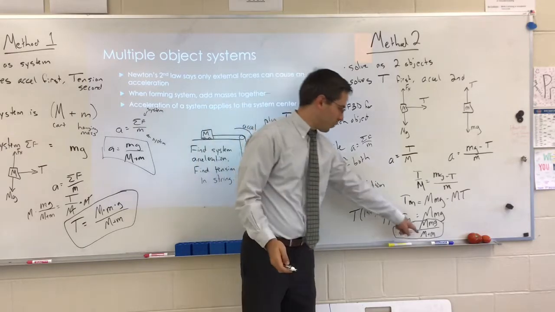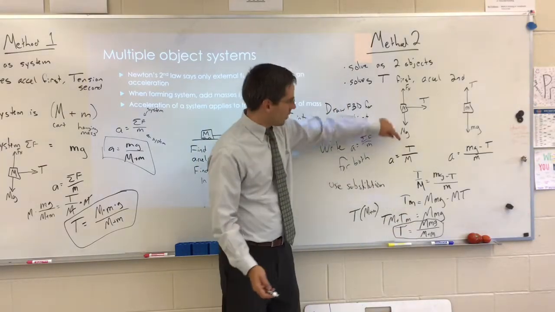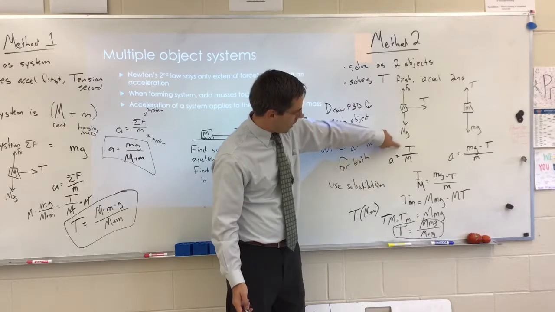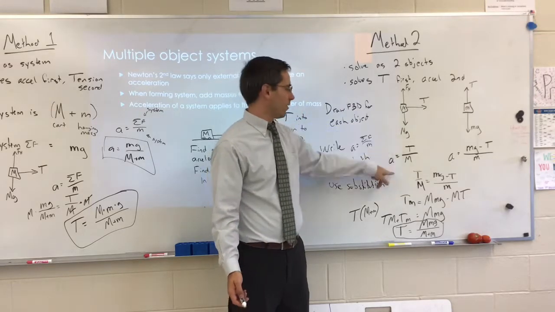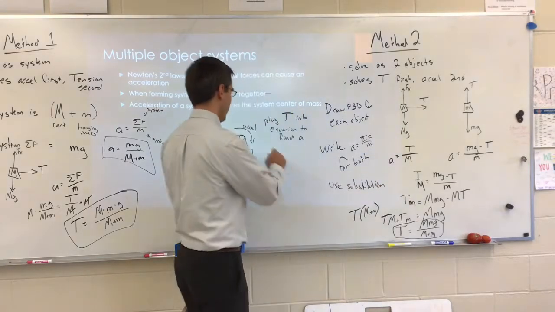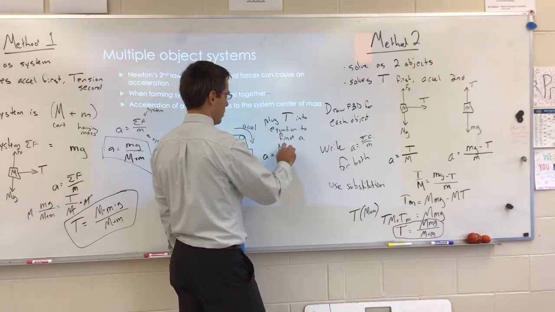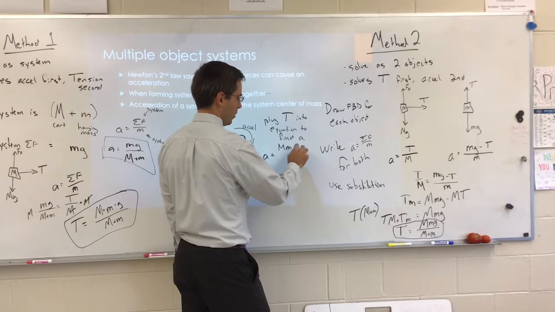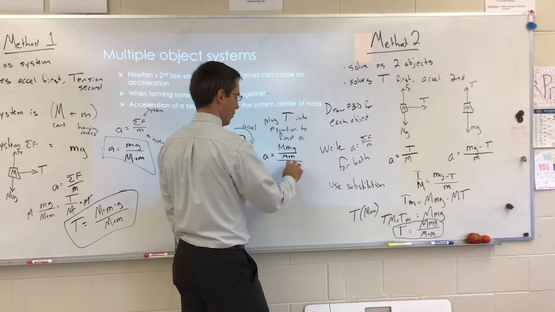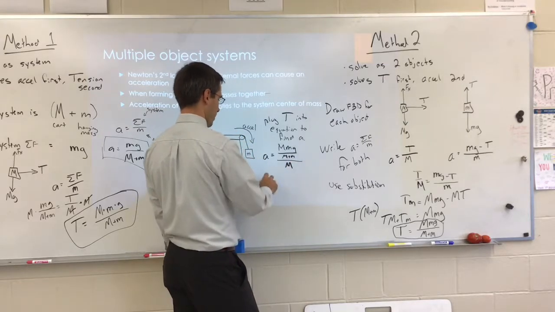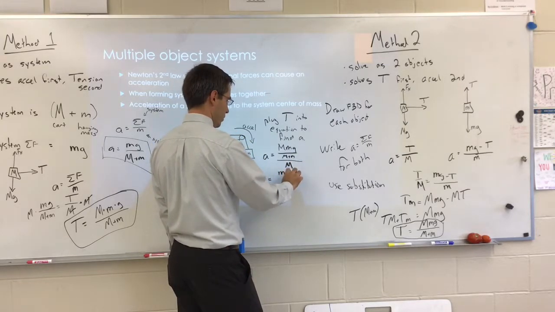So if you put this expression for T into this equation right here, then your big M's will just cancel out and we have an expression for a, right? So this is not too bad. So a equals mg over (M plus m).